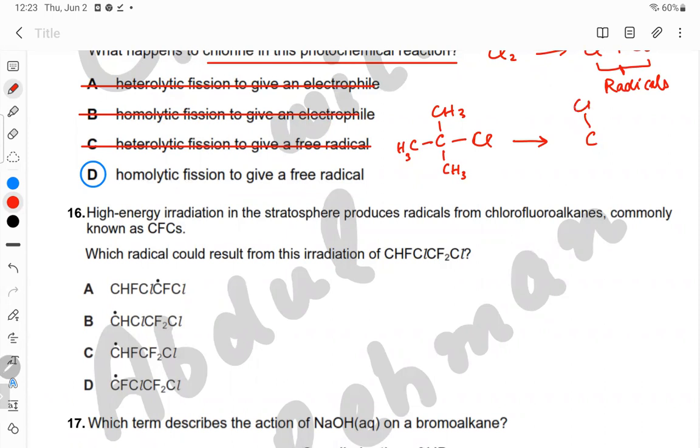When a carbocation is formed, this one has a positive charge, and here I have a chloride which has a negative charge. So see, it's a nucleophile, right? And it's an electrophile. So whenever a heterolytic fission occurs, the two products are one electrophile and one nucleophile.